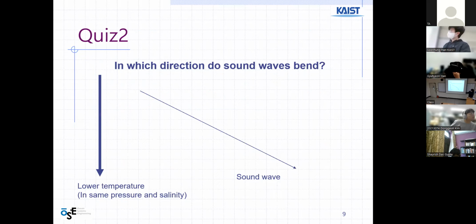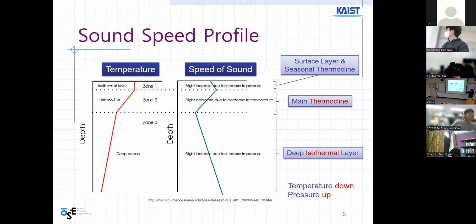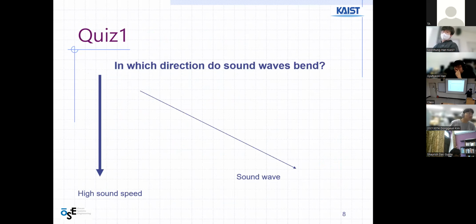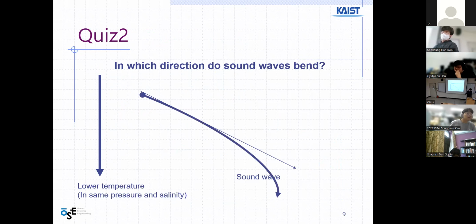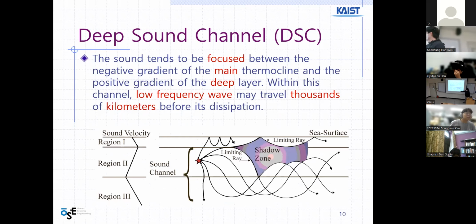So here is the area that has the lowest sound speed. Sound waves focus here. They tend to go here. So here sound waves are stable, and here sound waves are unstable.